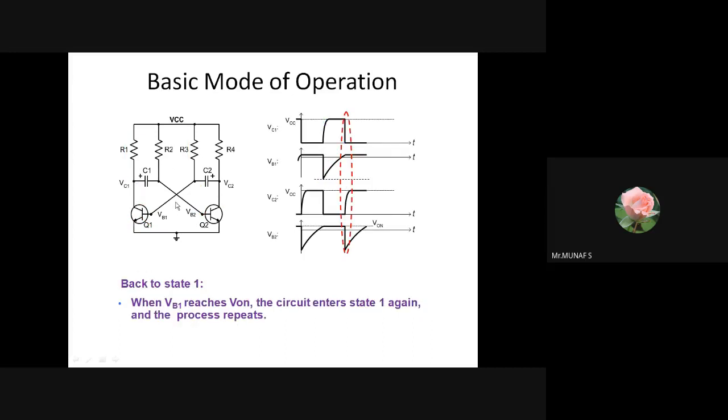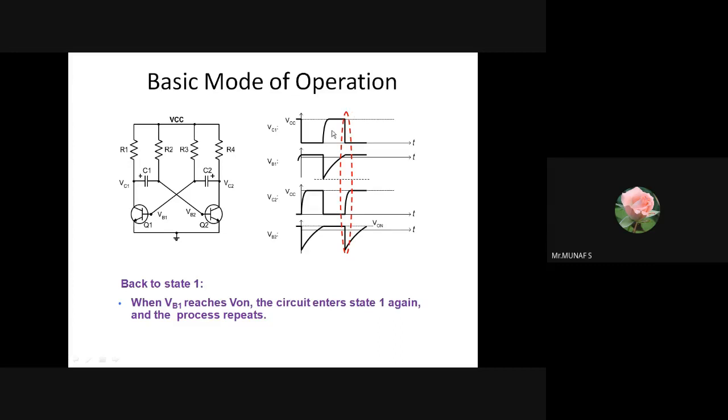In the final case, both transistors are on and off, so the output is either low to high or high to low. So VC1 goes low to high and VC2 goes high to low, and then again reaches high. So one full cycle period is completed. This then returns back to the state 1 condition. Okay.